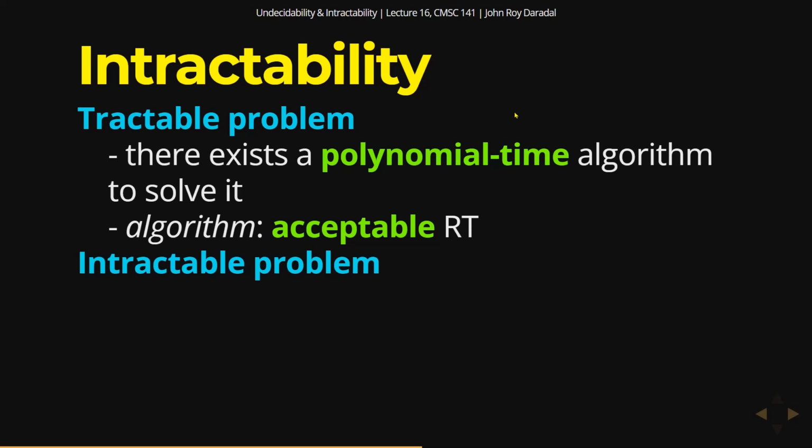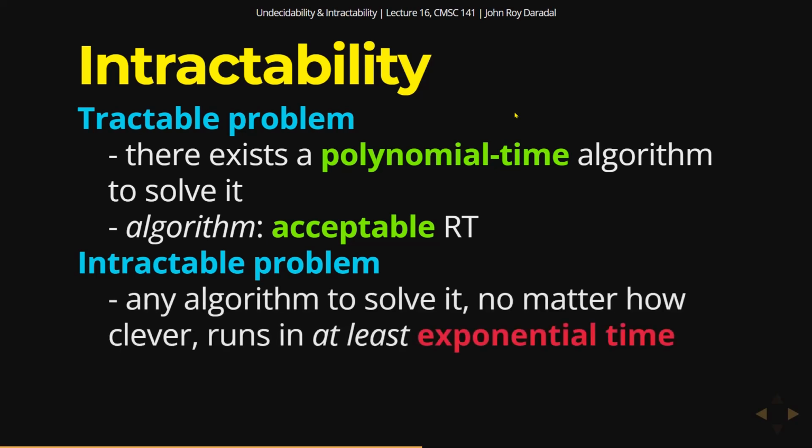On the other hand, intractable problems have this property: any algorithm that can solve that problem, no matter how clever it is, will run in at least exponential time. No matter how good the algorithm is, it will always run in at least exponential time. It could even be worse than that, but at least exponential time.